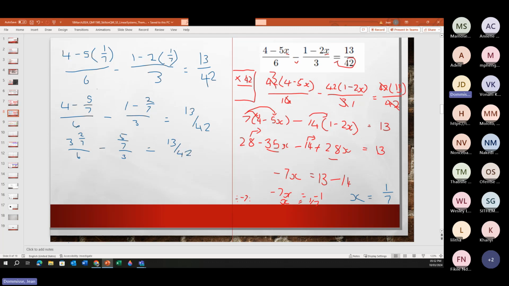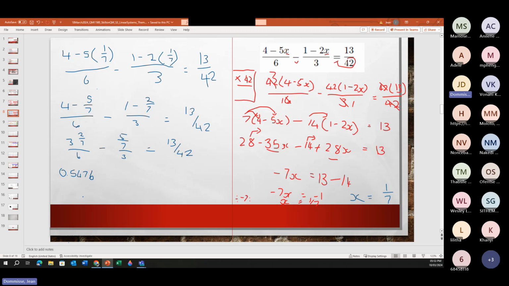So again, just by looking at those numbers, 2 divided by 7 plus 3. So I am just going to quickly make a calculation on my calculator.